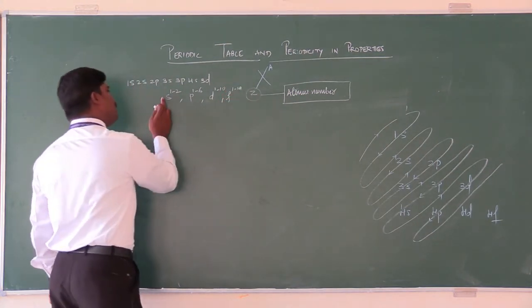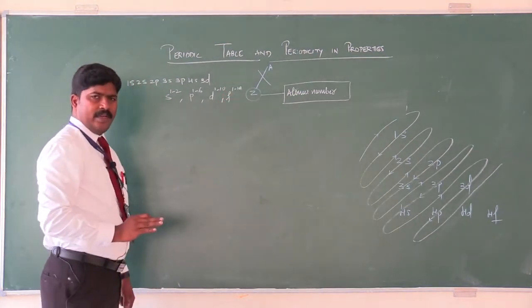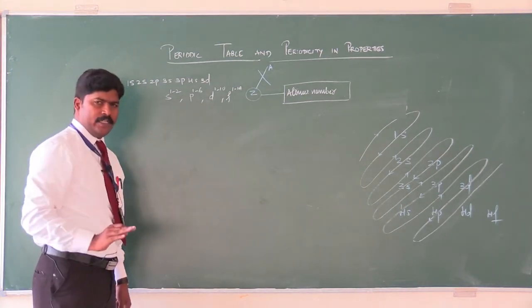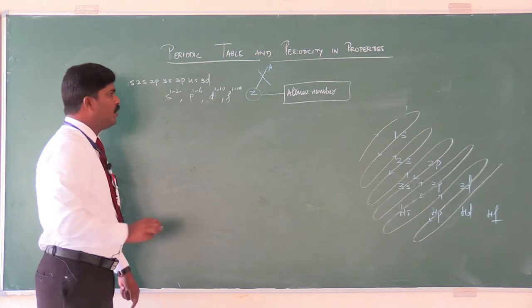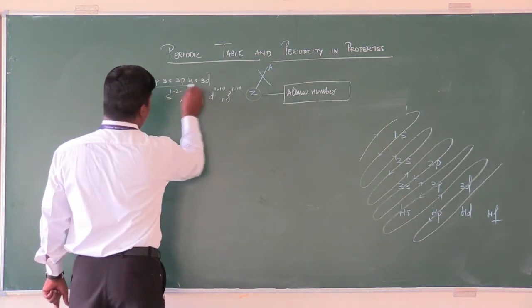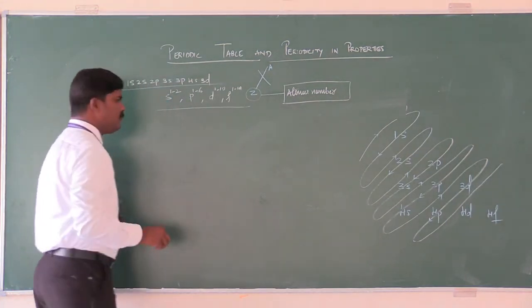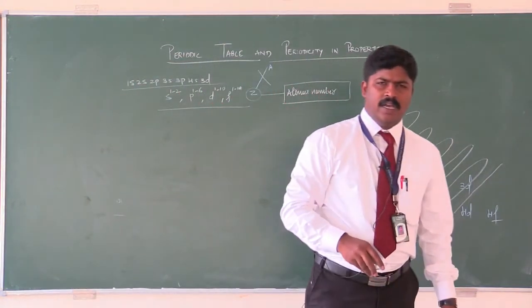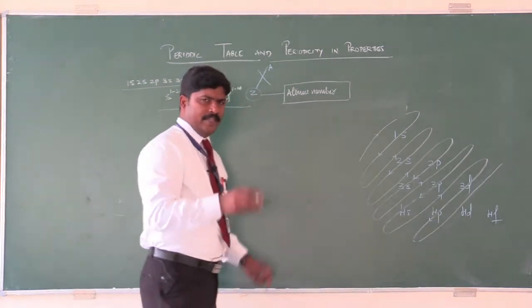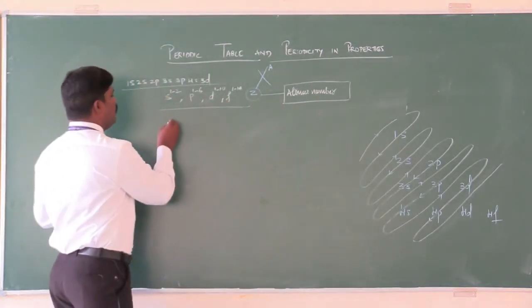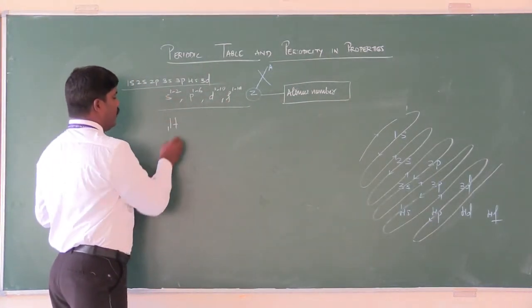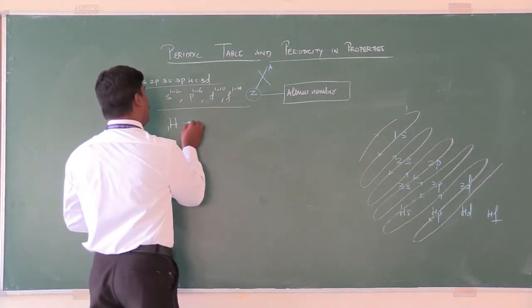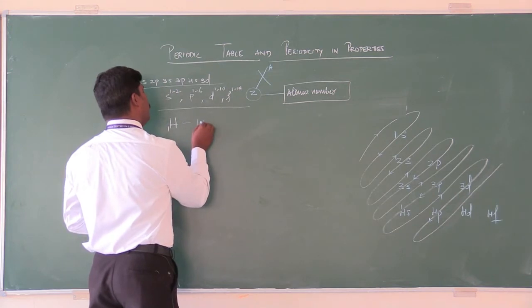Don't worry about the number which is before S. 1s, it can be 2s, it can be 3s or 4s. Don't worry about it. S can accommodate minimum 1, maximum 2. So that is the arrangement. Let me start with the first element of the periodic table, which I will introduce later. But first, the element with atomic number 1, hydrogen. If the atomic number is 1, the electronic configuration is just 1s1.